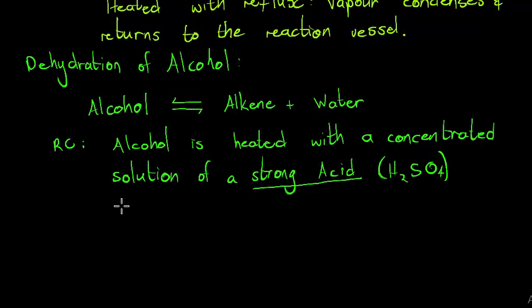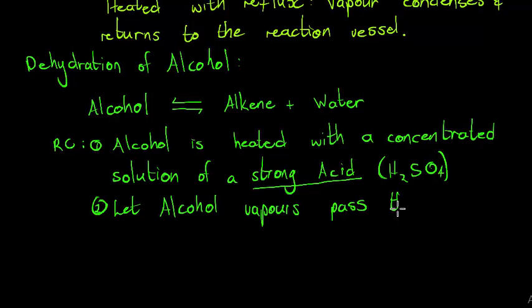Okay, that was the one way. The other way was also to let alcohol vapors pass through some sort of catalyst like aluminium oxide, and this also had the same effect.